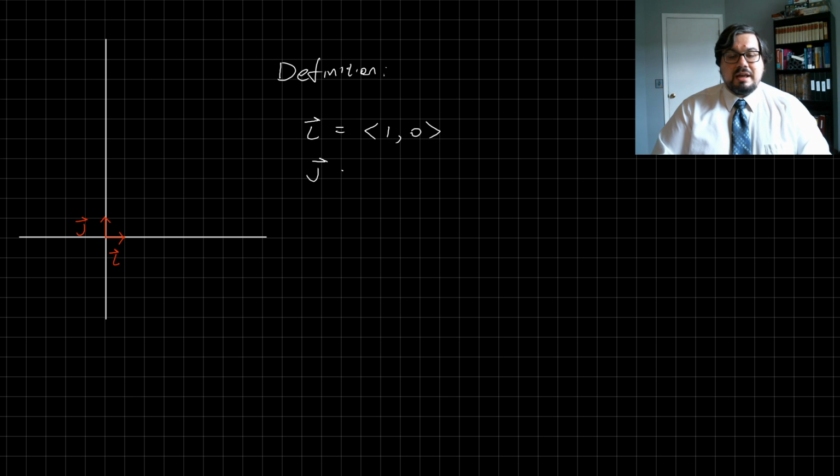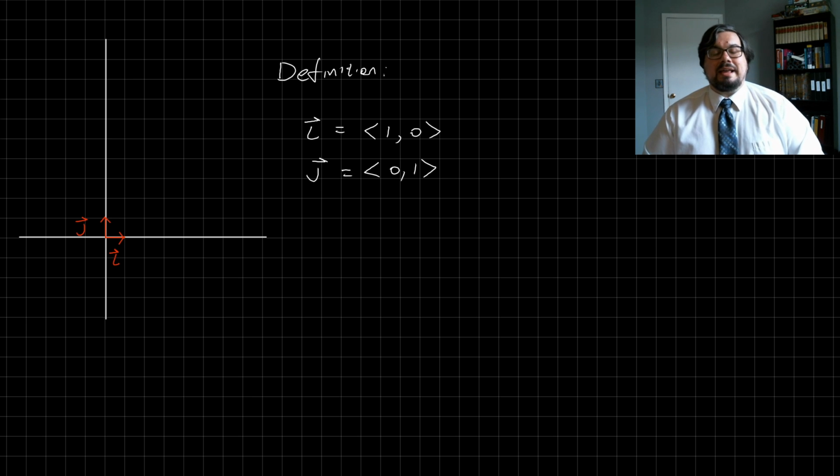They are the vectors 1, 0 and 0, 1, and they have special names. The vector 1, 0 has the name I, and the vector 0, 1 has the name J. This is just a definition, or really a notation. The vector I is simply the vector 1, 0, and the vector J is the vector 0, 1.